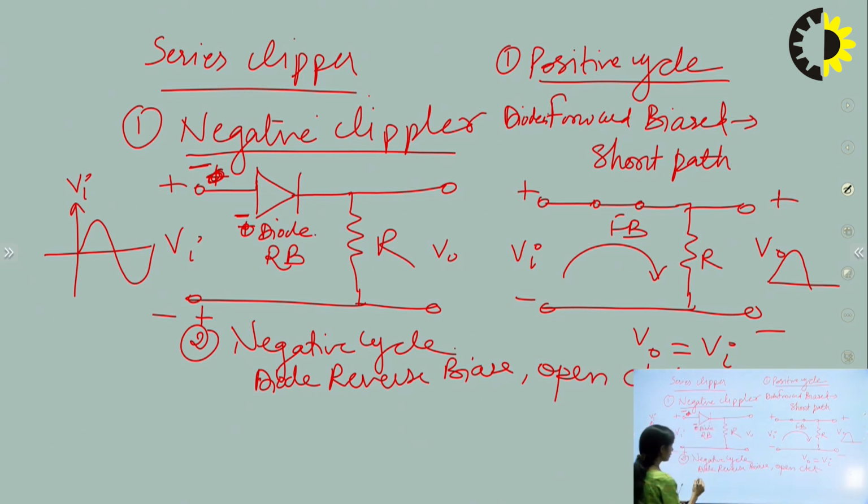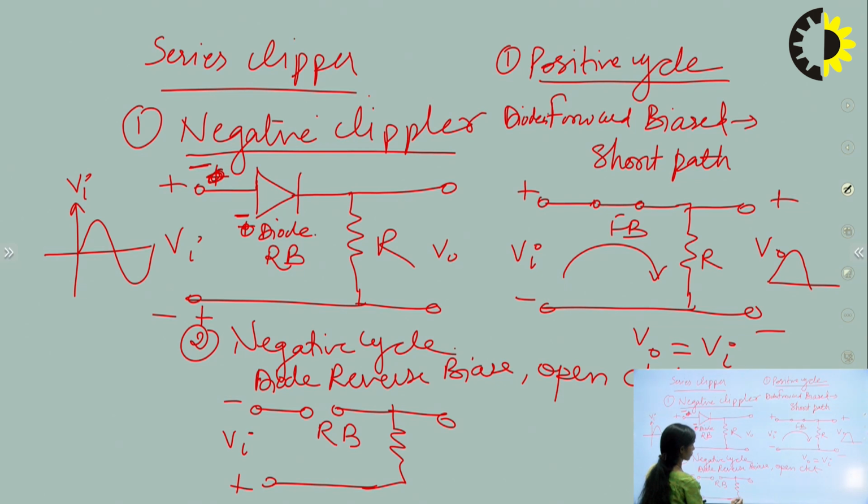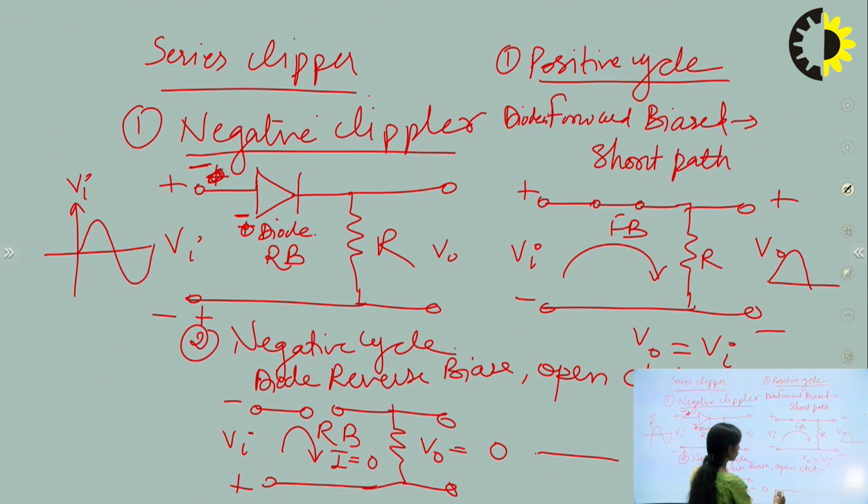So we can draw the equivalent circuit, and the diode will become an open circuit in reverse bias for the negative cycle. This is Vi. Now if we want to take the output, it will be equal to 0 because the current flowing through the circuit is 0. So there will be no output in the negative cycle.